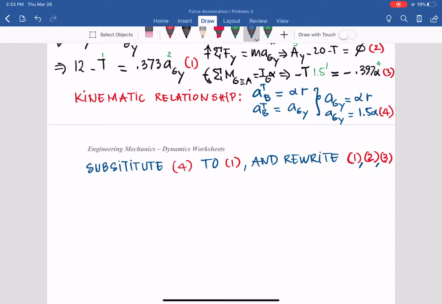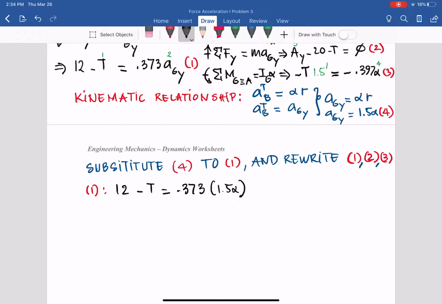So as you can see, from that we can set up in your calculator. Equation 1 becomes 12 minus T equal to 0.373 Ay. Now Ay is 1.5 alpha, so 1.5 alpha.